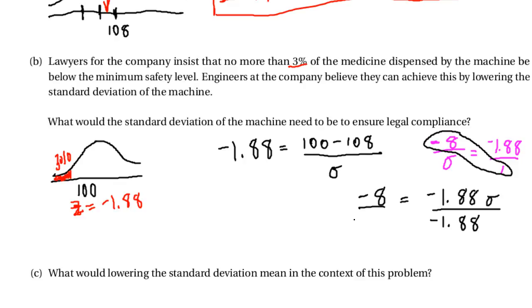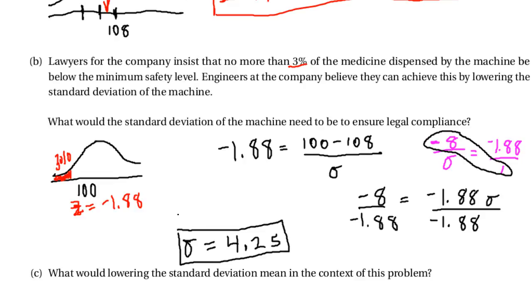If I do that on my calculator, the sigma that we need to use is 8 divided by 1.88. I get 4.25. So we need a sigma of 4.25. Basically, we really need to bring the standard deviation down.